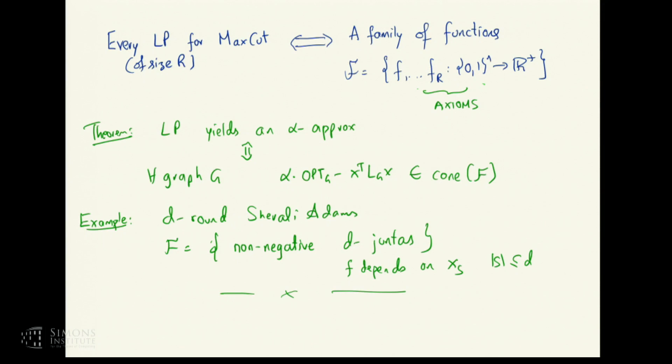And once you pick the small number of functions, you're supposed to be able to write every slack function as a non-negative combination of those. That's the reason we are able to prove lower bounds. So we say, if you only pick R functions, there are graphs whose slack you can't write as such a combination, and therefore.